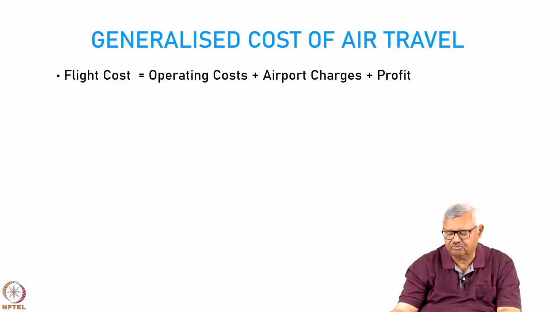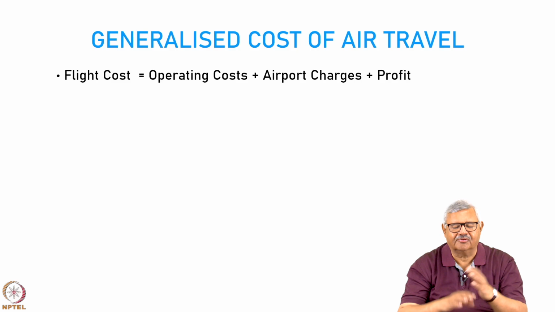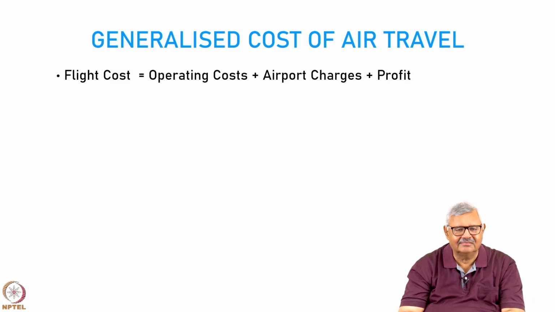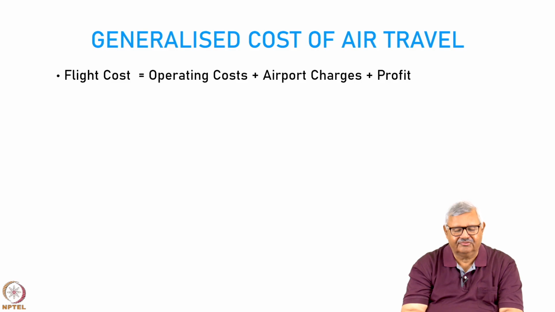So these three costs together will normally constitute the ticket. Now, I do not want to bring in the complication here of competition between 2 or 3 airlines, where you may even go below the operating costs because you would like to stay in the market or increase the market share. Those are extraneous factors. If we look at the true cost of travel, it will be a combination of these 3 terms.